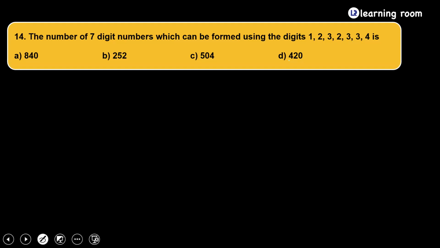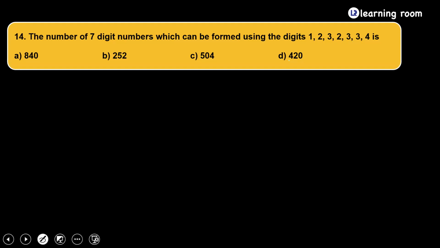Actually, it's very simple. So how did you do it? It's very simple, 7 factorial divided by, that's it. They're repeated, no? The answer is 420.